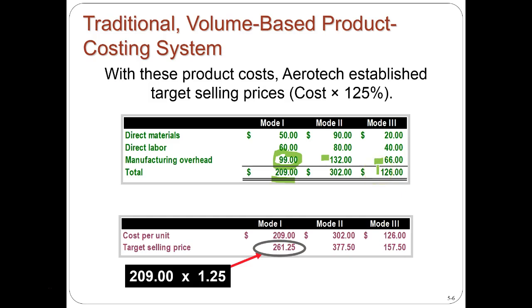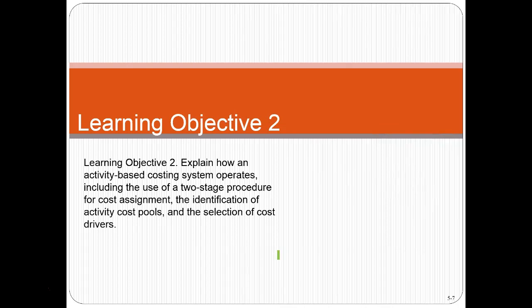And the question is, is it worth the time to do that in order to see if we can come up with a more accurate cost number, which might help us with our pricing? And in some industries it would, some industries it probably wouldn't. That's the trade-off that we will be looking at next time.